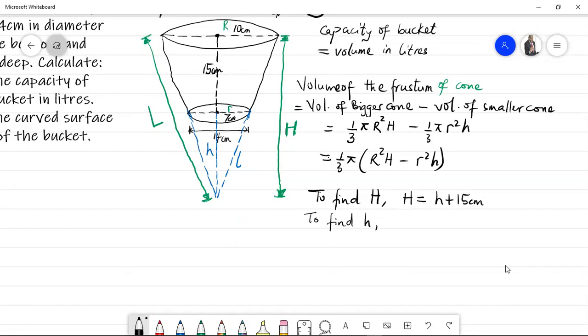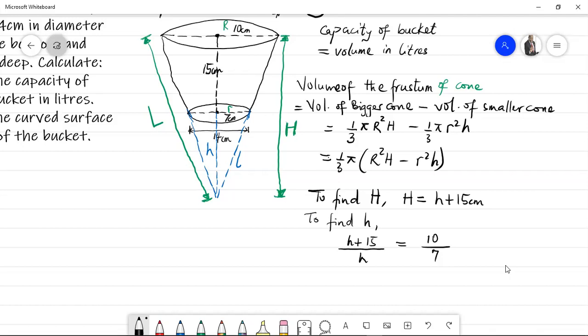So based on that, you should be able to figure out that h plus 15 centimeters divided by h, that's the ratio for your height, big over small, should be equal to 10 centimeters over 7 centimeters, big radius over small radius as well.